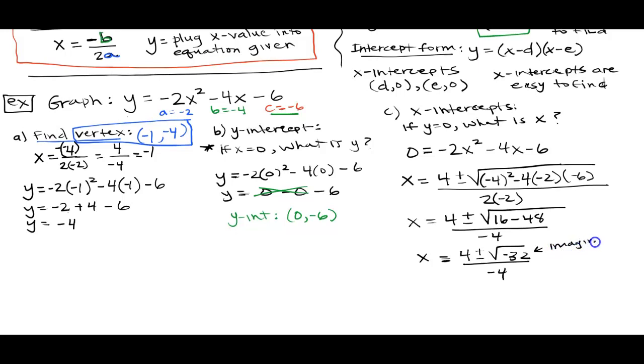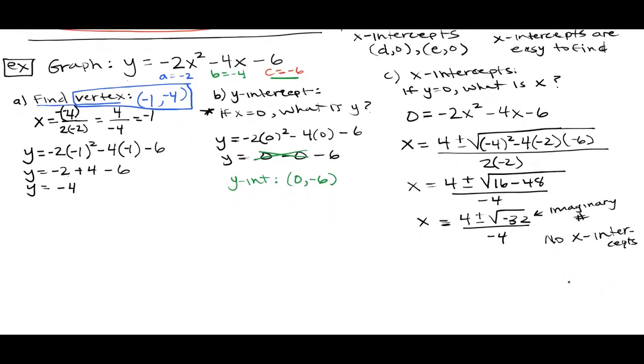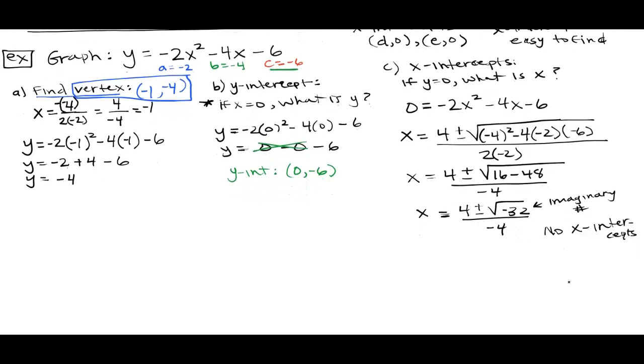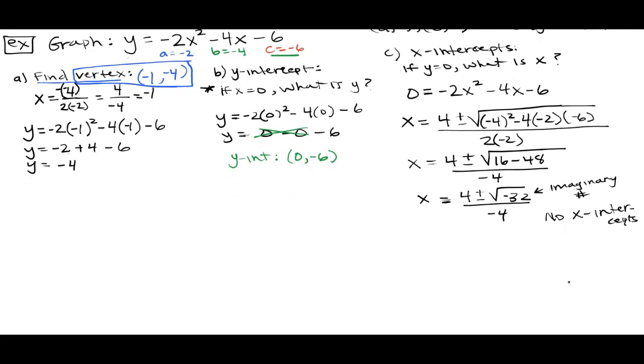So that means there are no x-intercepts. And I'll talk about that a little bit more when we graph it. So that's not really helpful for us, because there's no x-intercept.